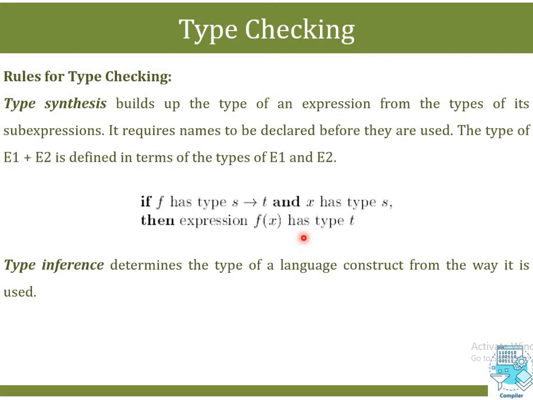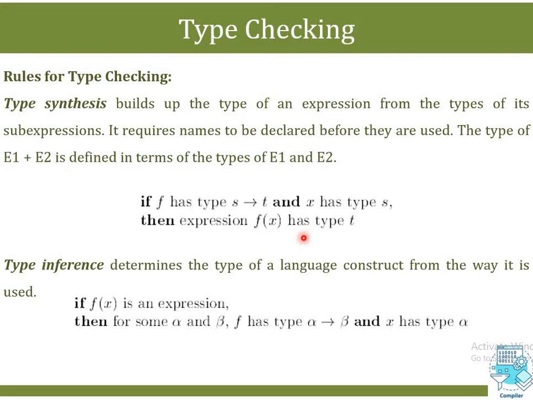Next we have inference type. Here you will be inferring the types from the way it is being used. How it is being used. Based on that, you will be inferring the type. Here I have just listed one example. Just see here. If f of x is an expression, we have an expression like f of x, then you have some types alpha and beta, and f has a type alpha tends to beta.